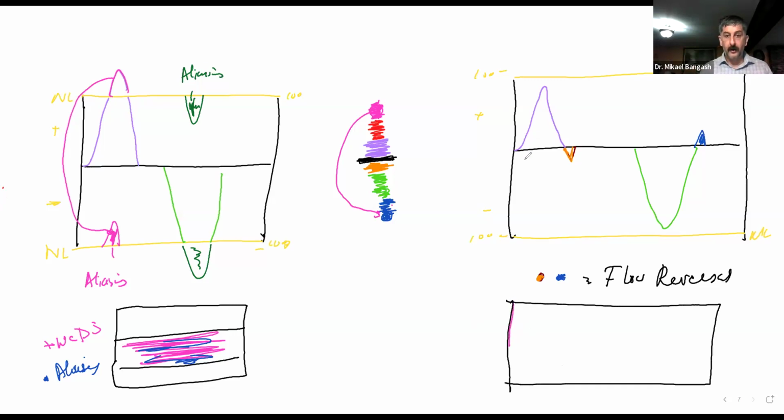Now, if you just look at how it is represented on your spectrum, how will it also show or appear on a color Doppler?